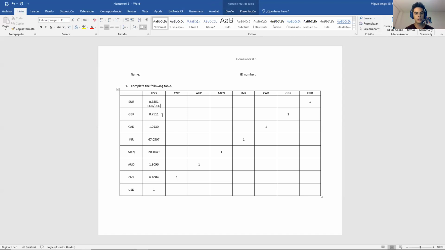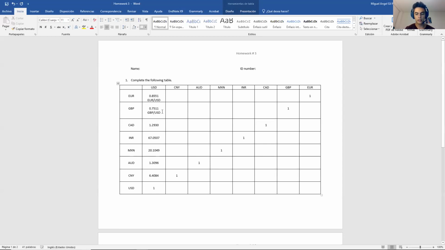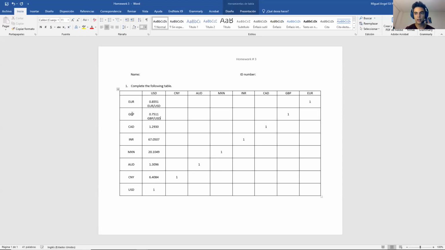That's the first rate that you have. The next one is the same, pound over dollar. It is always the one on the left is the one on the top, and the one on the right is the one at the bottom. It sounds kind of weird, but left is top, and right is bottom. Okay, sorry about the confusion.